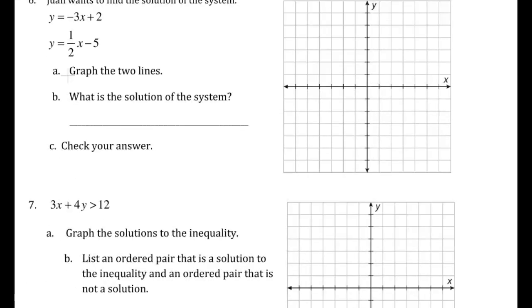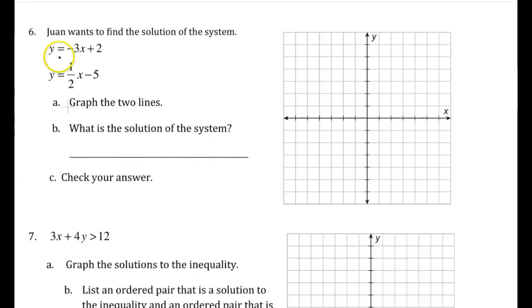Okay. Number 6. Just extra practice. So down 3, right 1. 1, 2, 1, 2, 3.